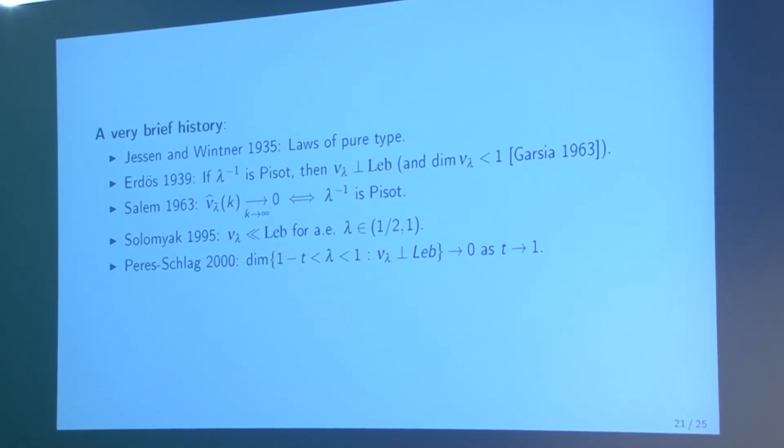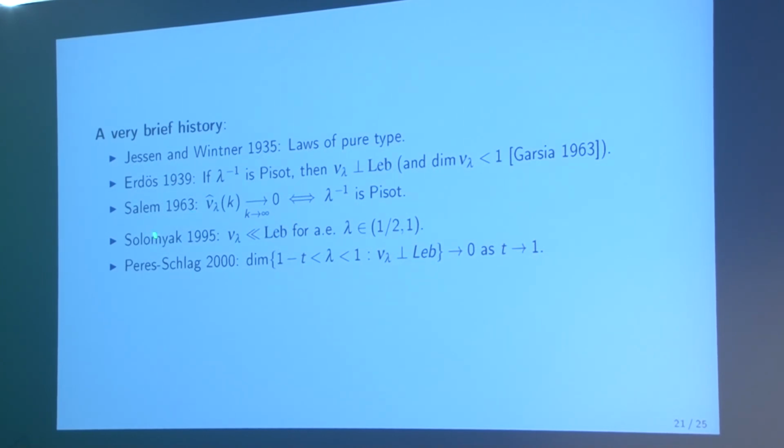And so these things have led to the conjecture, although I don't know to what extent people are convinced of it, but certainly it's been suggested that the inverses of Pisot numbers are the only parameters between 1/2 and 1 for which nu lambda is singular.